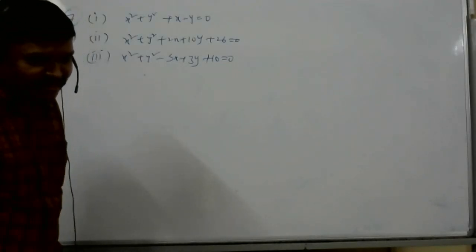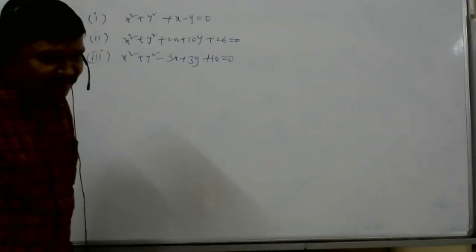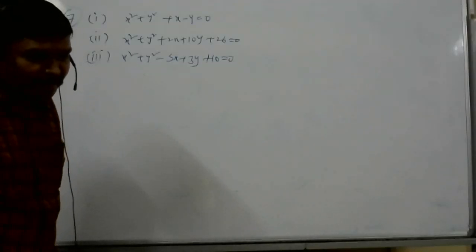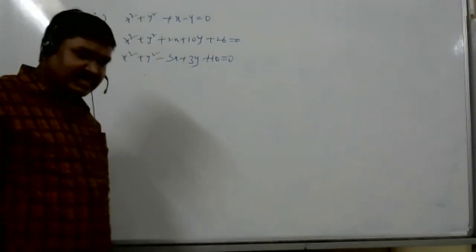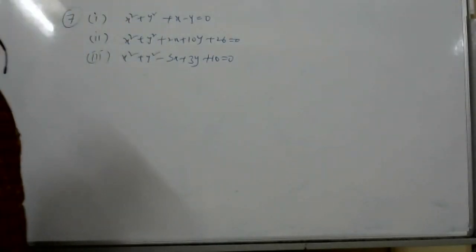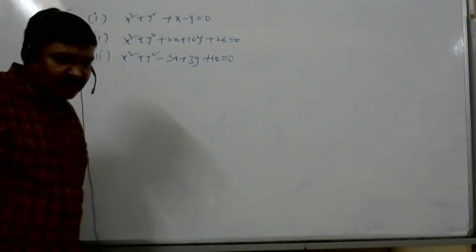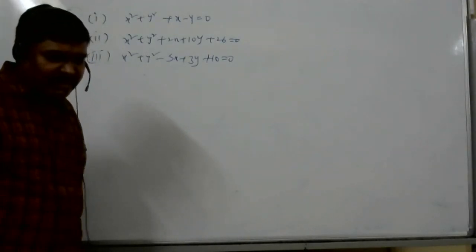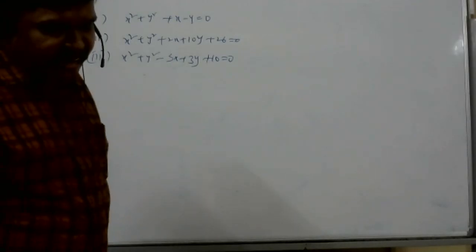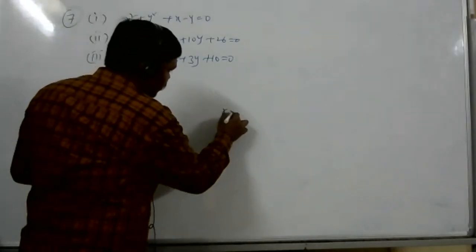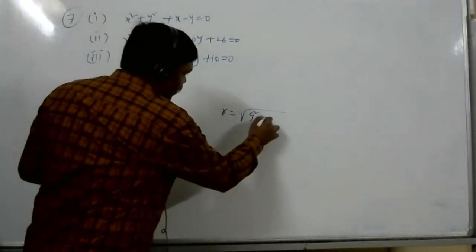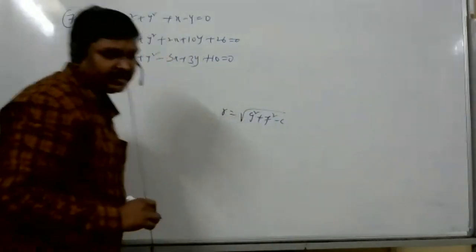The equation is x square plus y square plus 2gx plus 2fy plus c is equal to 0. Center is minus g comma minus f, and radius is equal to under root g square plus f square minus c.